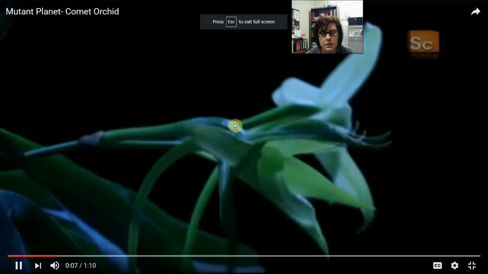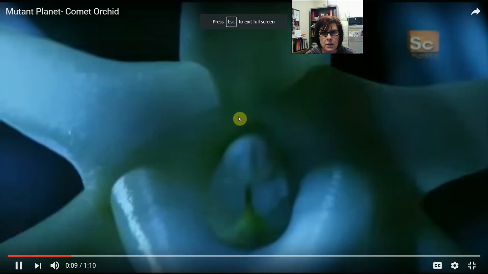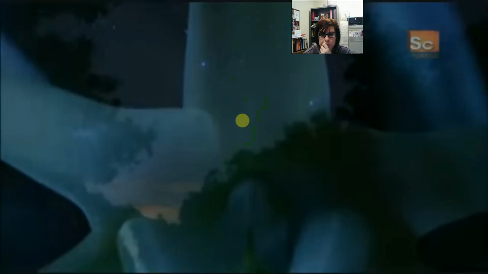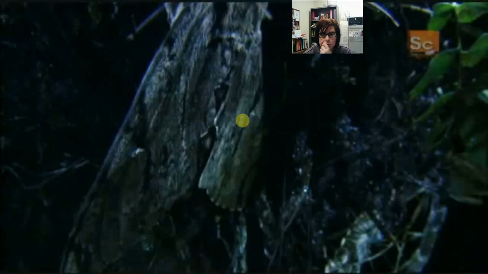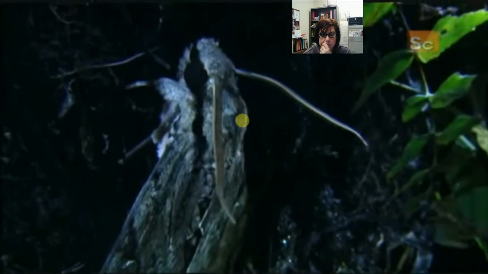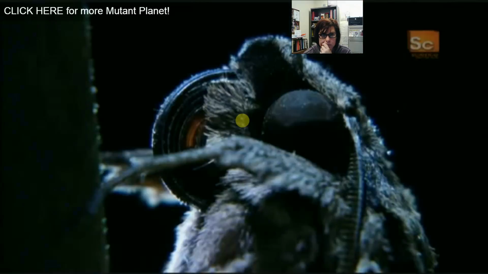The common comet orchid has one of the strangest flowers in the world. Below the petals dangles a 12-inch long nectar tube, making it nearly impossible for any pollinator to reach the nectar at its base. But one manages to do so. On this island of mutants, a night-flying hawk moth craves orchids with plenty of nectar.